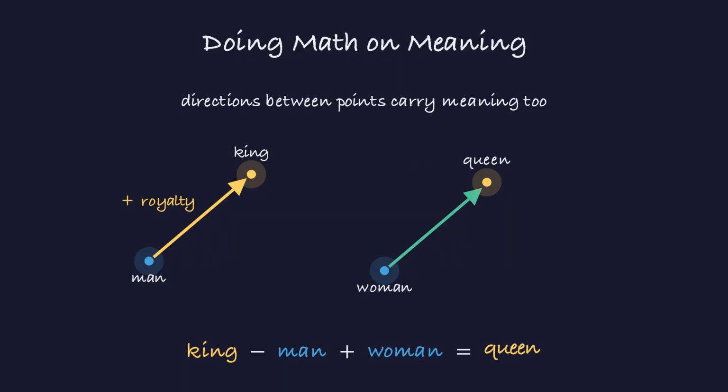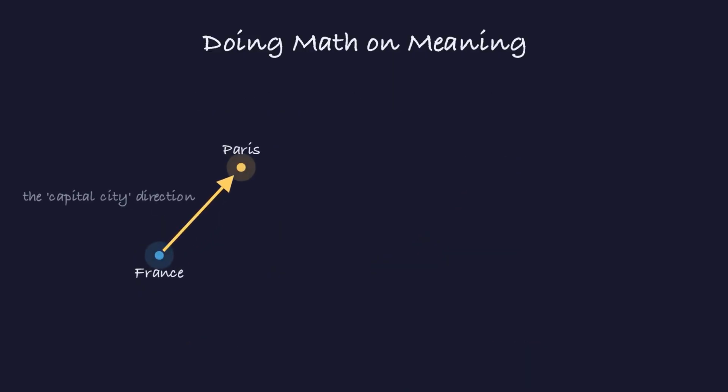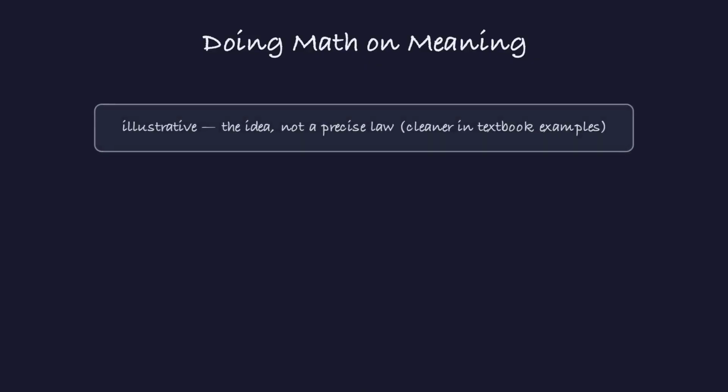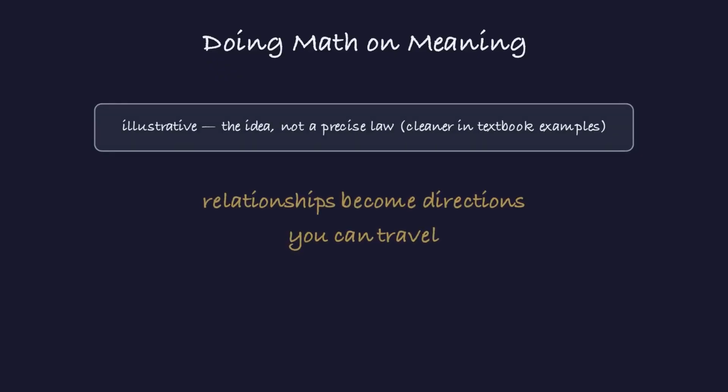King minus man plus woman equals queen. Or Paris minus France plus Japan lands on Tokyo, the capital city direction. Now, real talk. This is cleaner in textbook examples than in messy real models. Treat it as the idea, not a precise law, but the point stands. Relationships become directions you can travel.